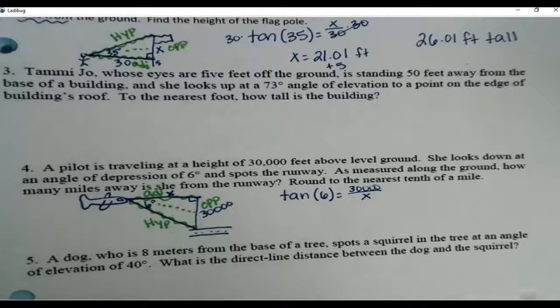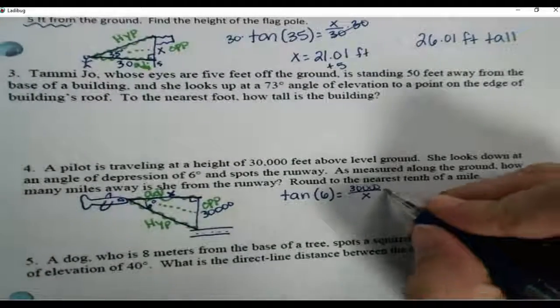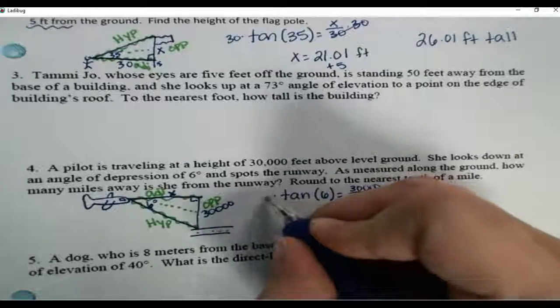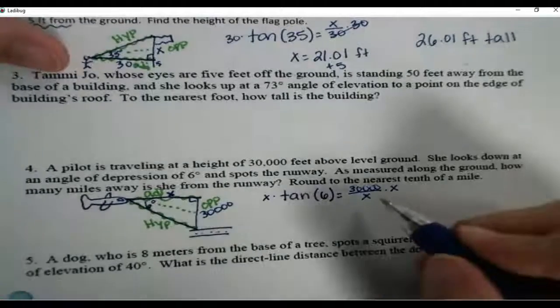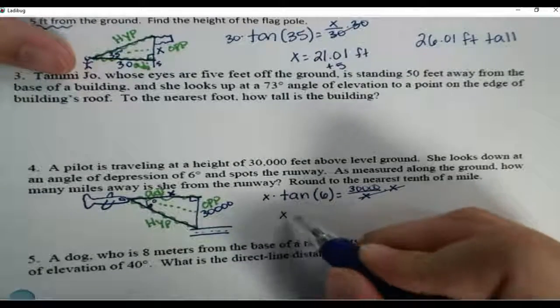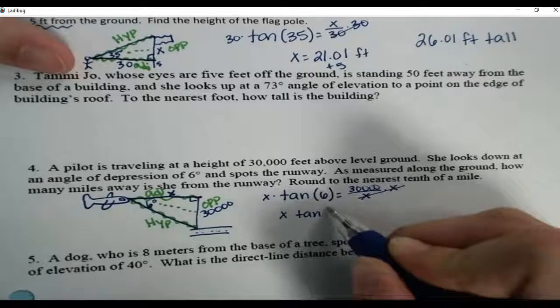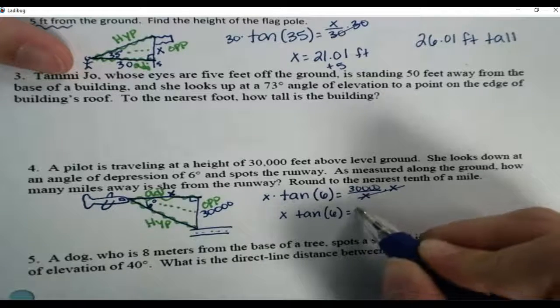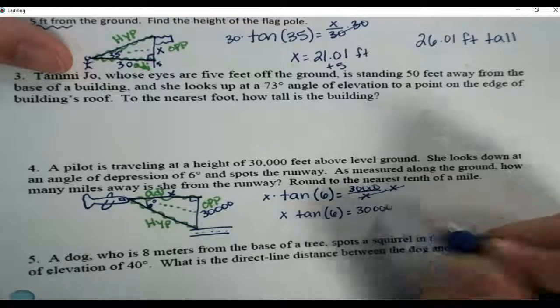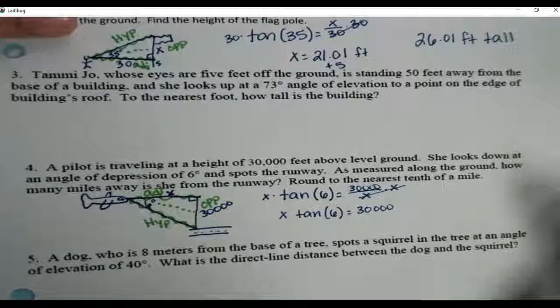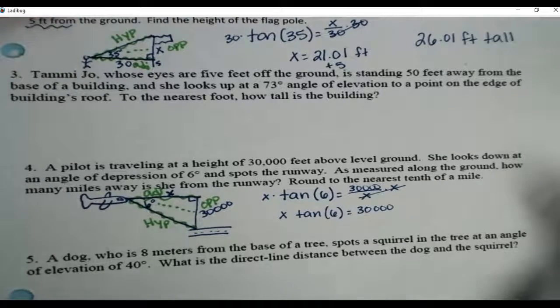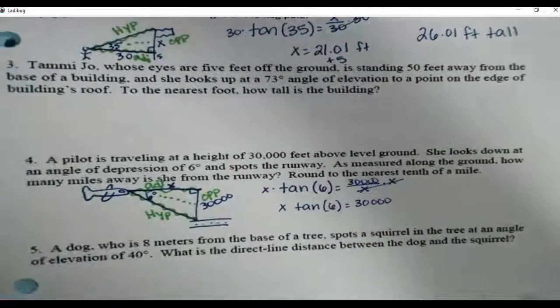So for 1 and 2, our X was on the top, so we just multiplied and we were done. This one's a little bit different because X is on the bottom, but remember our first step is still to multiply. So we multiply both sides by X. So we get X tan of 6 equals 30,000. And then how do I get X by itself?